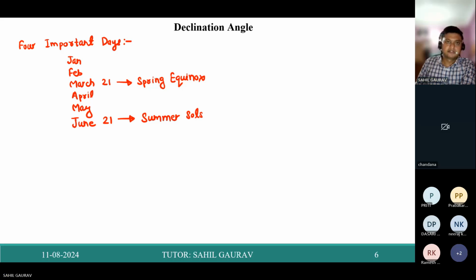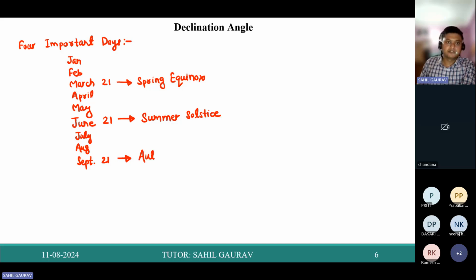And then July, August, a 2 month gap, and then again on September 21 we will have an equinox.